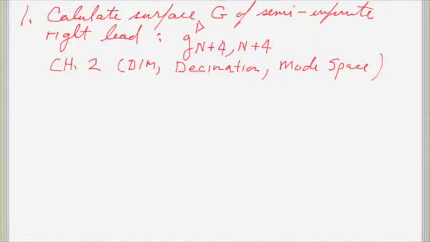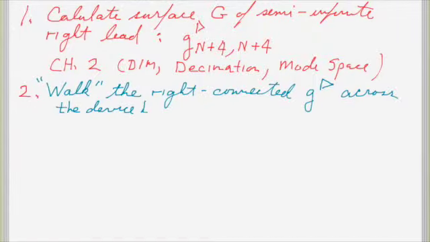And then the terminology is that you walk this surface green function, or you walk the right connected green function, across your device to and including layer 2. All right, layer 2, the device started at layer 1.